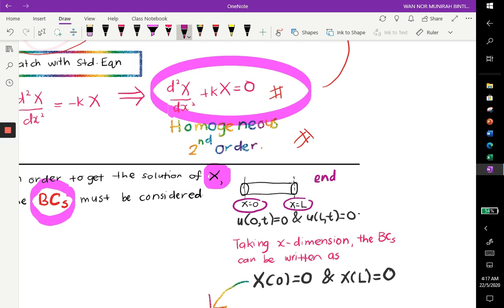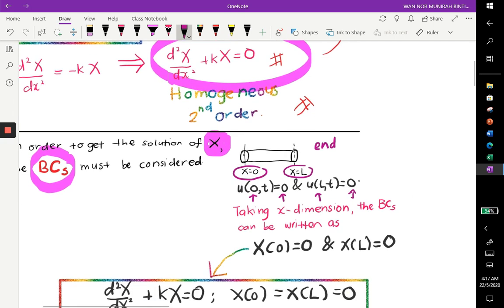The temperature when x equals 0, and the temperature when x equals L, also goes to 0. Since now we are talking about capital X, I just want to consider the x dimension. The condition here has u(x,t), but we don't want to talk about t.